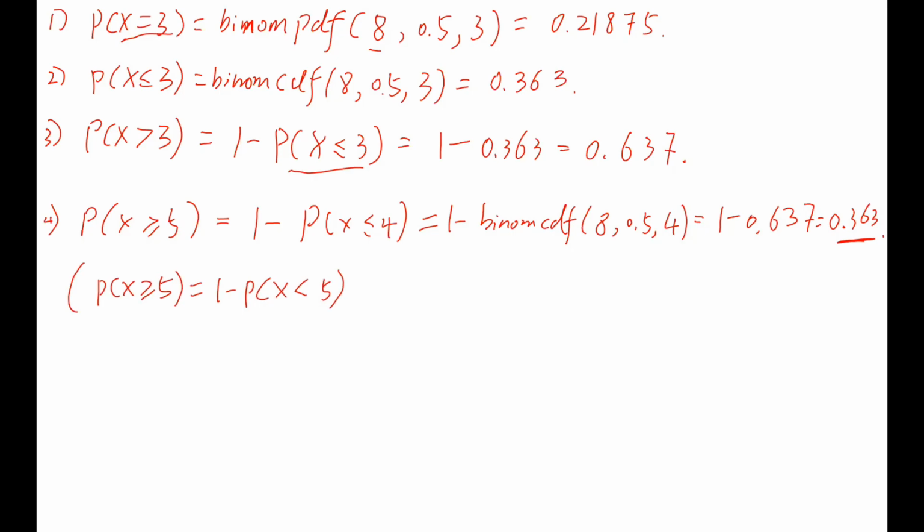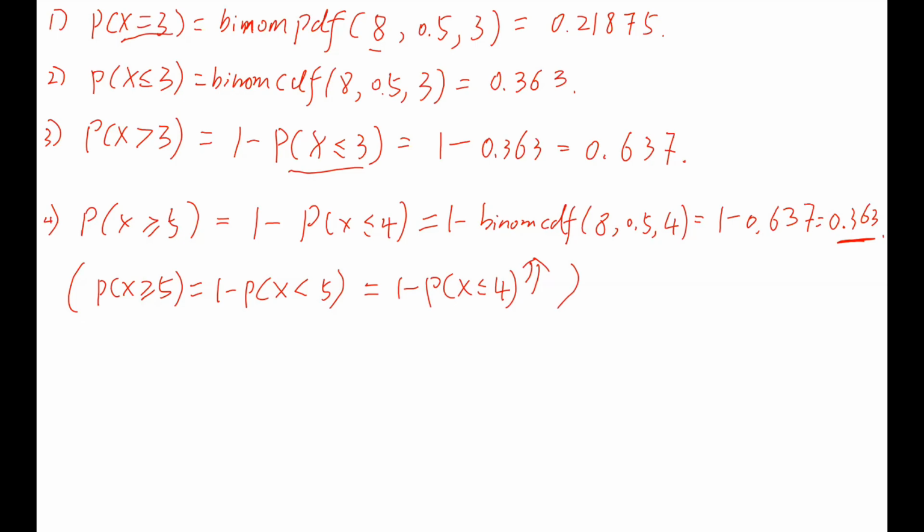But in order to use the calculator, strictly less than 5 is what? 1 minus the probability x less or equal than 4. Right? And then everything will be the same. Does that make sense, Alex?